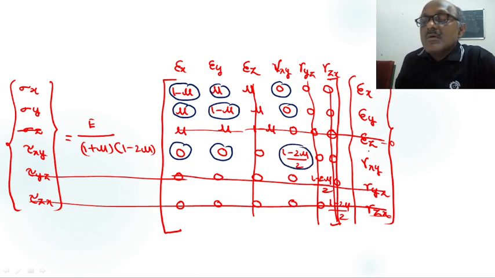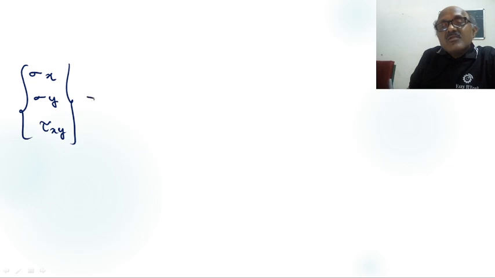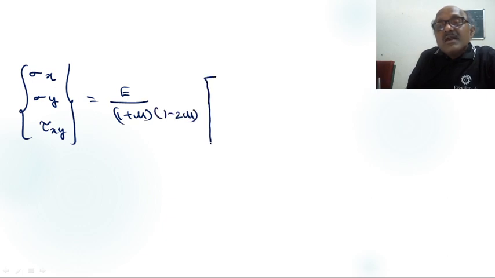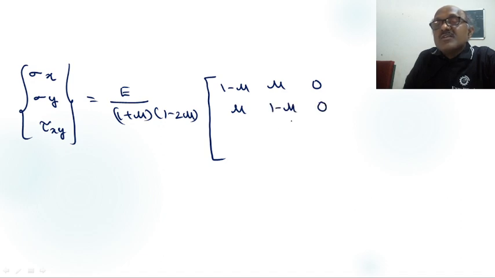So here is sigma x, sigma y, tau xy, that is equals to E by 1 plus mu into 1 minus 2 mu, times the matrix: 1 minus mu, mu, 0; mu, 1 minus mu, 0; 0, 0, 1 minus 2 mu by 2, my dear students.